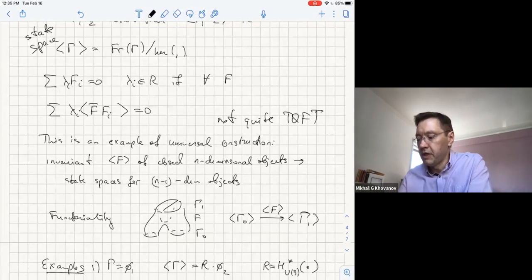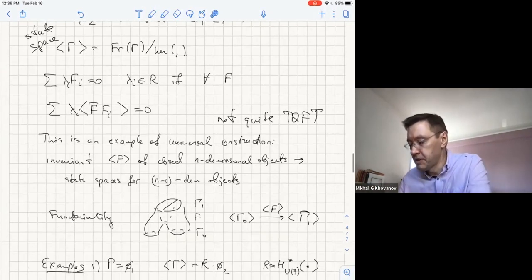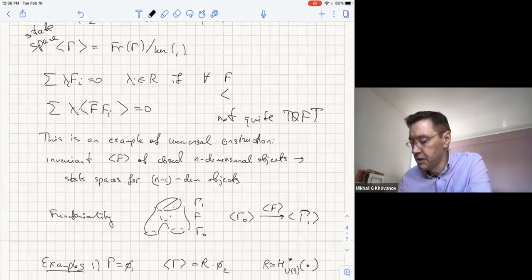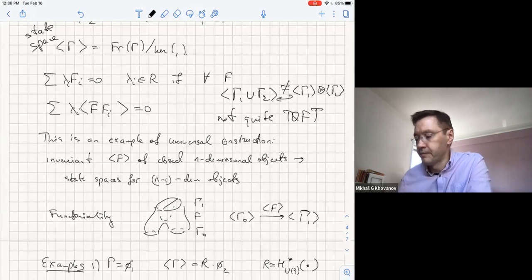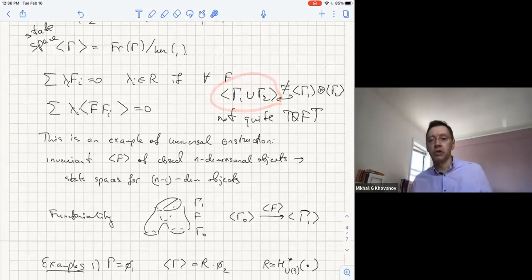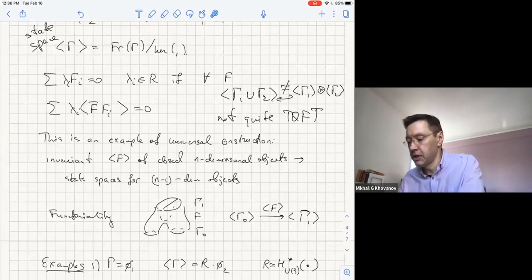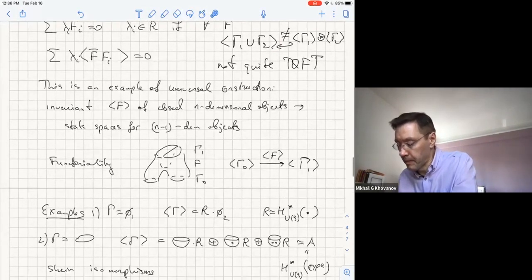It doesn't satisfy the axiom for the disjoint union: the state space for gamma 1 union gamma 2 is not isomorphic to the state space of gamma 1 tensor the state space of gamma 2. There's only an inclusion, but this is bigger in general. So it's not quite a TQFT, but still quite interesting and I think not well developed.